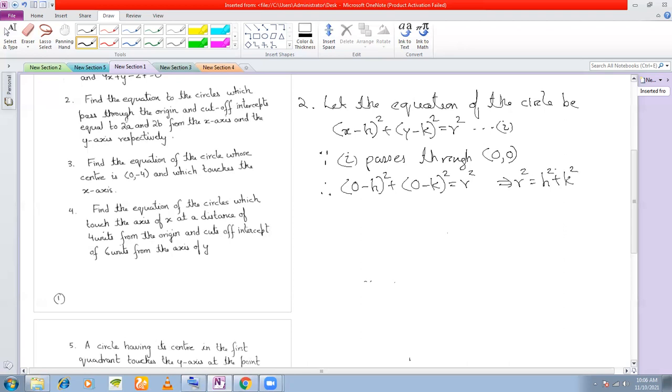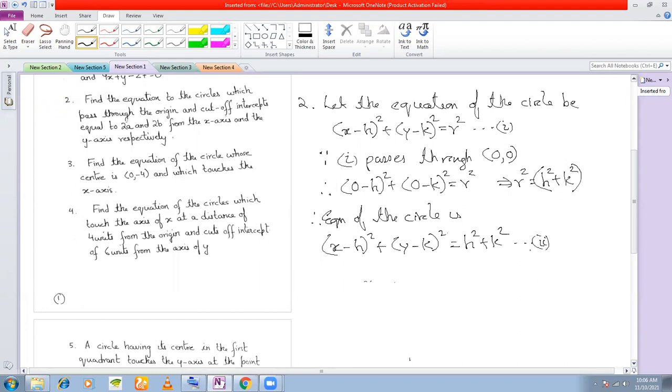With the help of the point through which the circle passes, you have got the radius. So what is the equation of the circle? Therefore, the equation of the circle is (x minus h) whole square plus (y minus k) whole square is equal to h square plus k square. This is the equation of the circle that you have got.